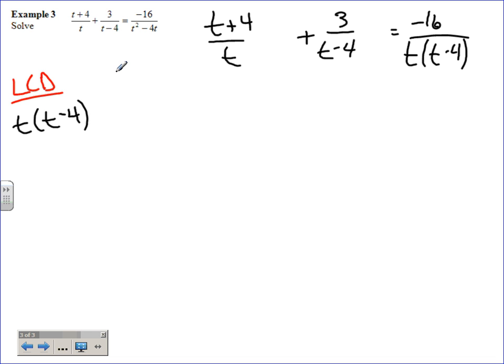So now our form of 1 is going to get a little bit more complicated. Again, you can pick any term you want and just go ahead and multiply by 1. So look at the bottom here. What part does it not have? The t minus 4, right? So do you see the form of 1 is getting a little bit more complicated? But it's still 1. I hope you agree with that.